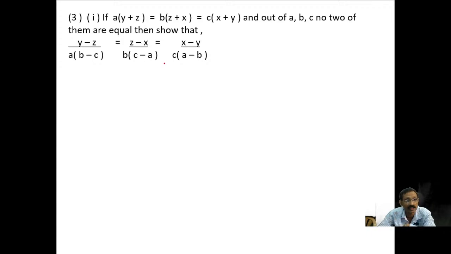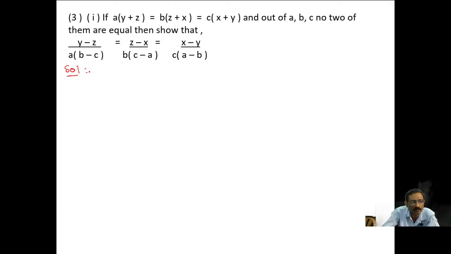To get this, see, is there any relation? If you see here, here we have got abc, here y plus z, here we have y minus z, here z plus x, z minus x. So let us first see what we have with us.